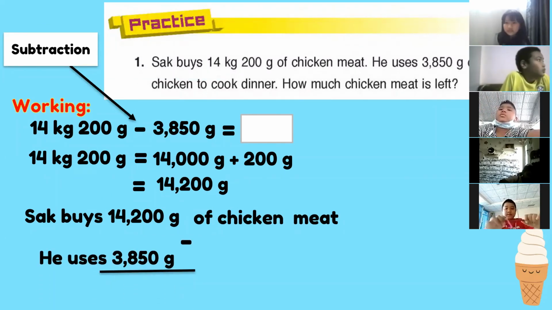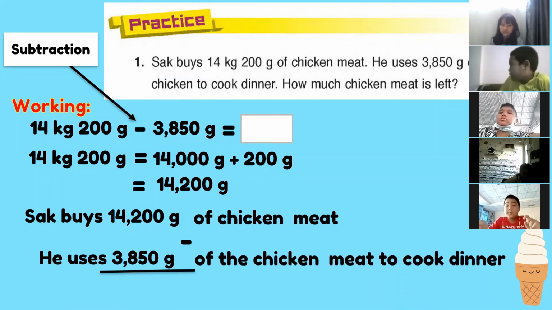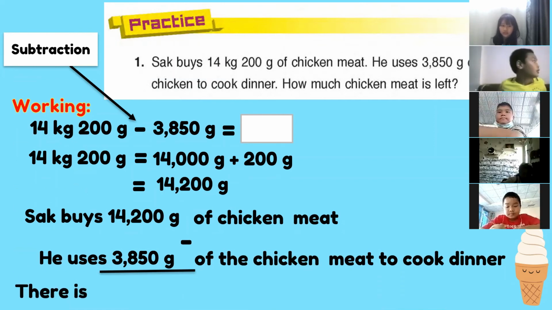So he uses 3,850 gram of chicken meat to cook dinner. Then what's the answer? What's the answer? We only have 9 minutes left, by the way. What's the answer for this?